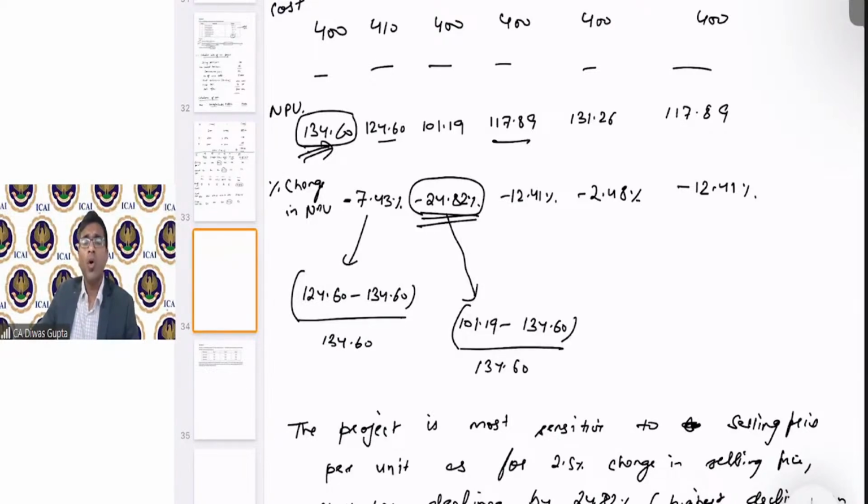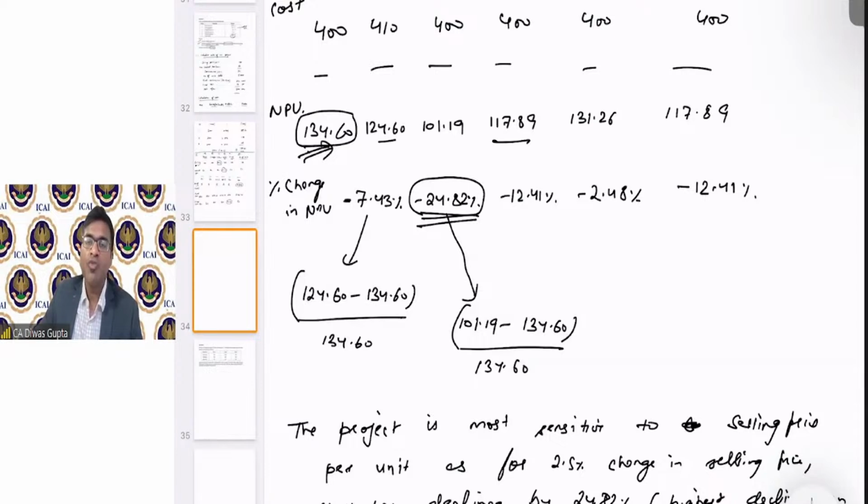Yes, Mancha, why are these negative values coming? Because the question itself said that you have to consider the adverse movements in inputs. So while you consider the adverse movements in inputs, it will definitely lead to a negative amount. Anumala is asking, is a reduction in initial capital investment also an adverse variance? No, a reduction in investment is a positive variance. Why? Because it will increase your NPV, right?